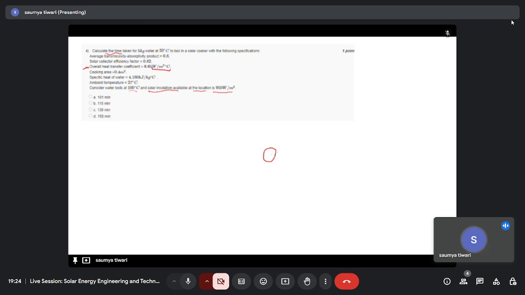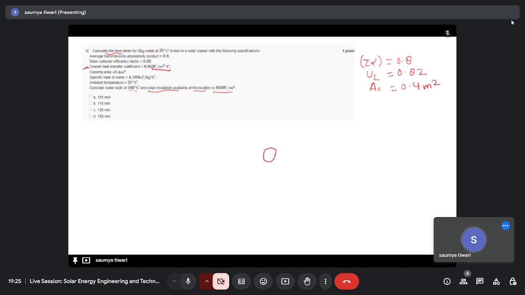Okay, let's see this question. What are the values given in the question? The system we are dealing with is a solar cooker. The average transmissivity-absorptivity product is given, which is 0.8. The cooking area is given, which is 0.4 meter square.